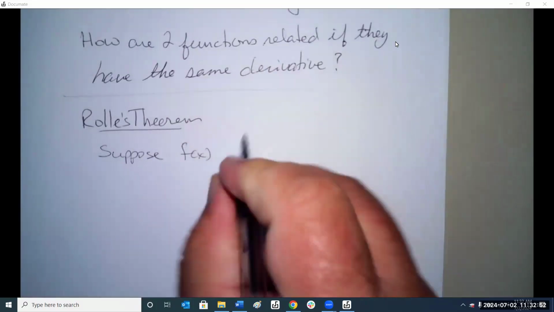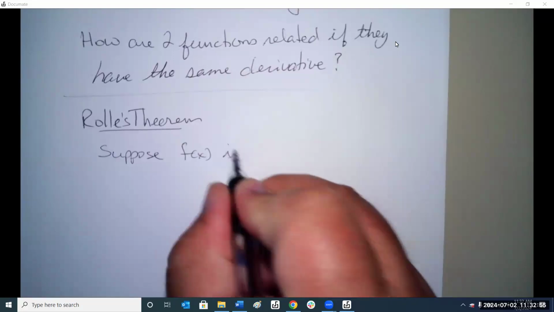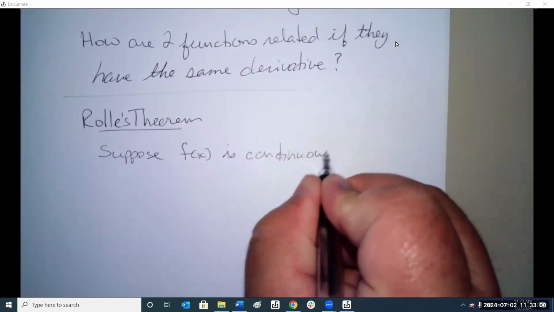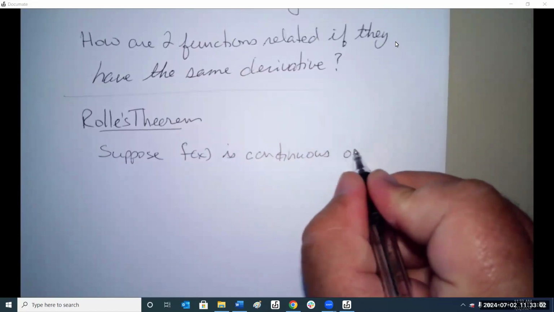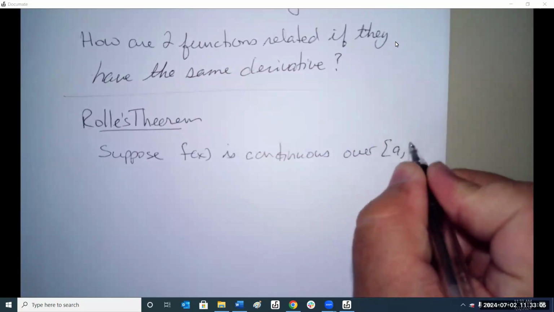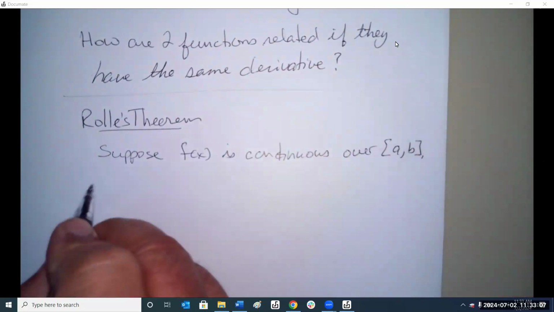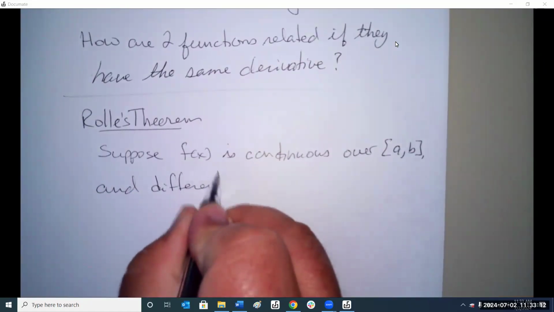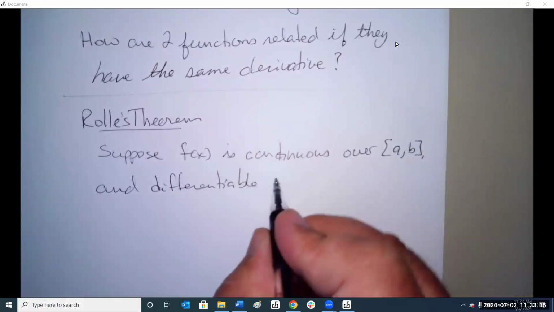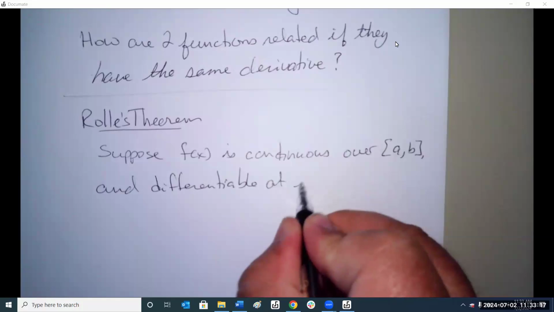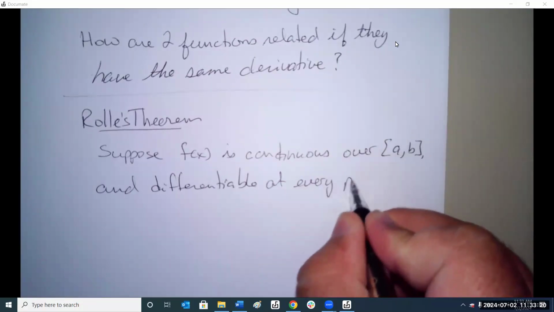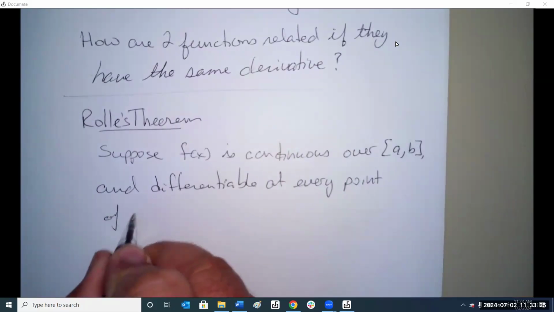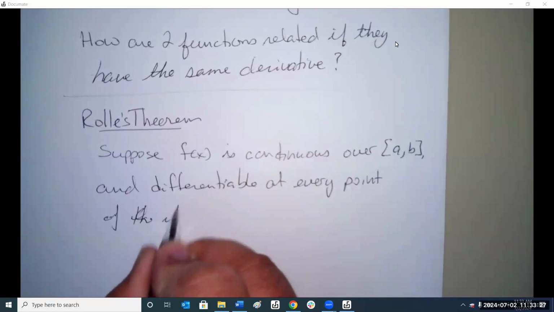Suppose f of x is continuous over some closed interval and differentiable at every point of its interior.